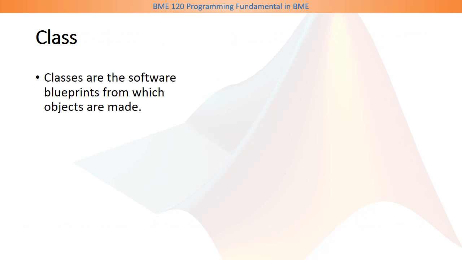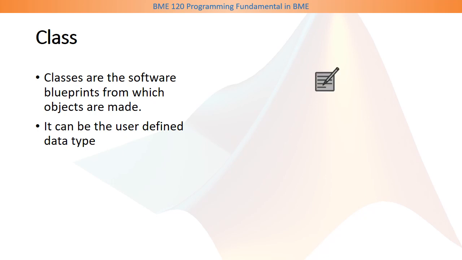Before you use a data object, you need to define the class first. Classes are the software blueprints from which the objects are made. It can be the user-defined data type or the MATLAB-defined data type. So this is the blueprint of an object.